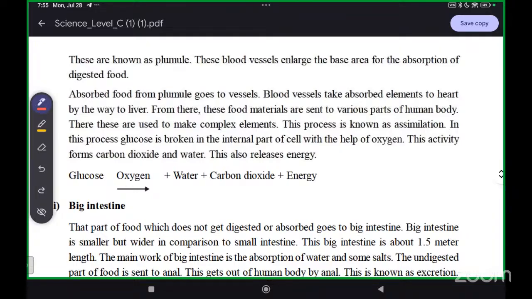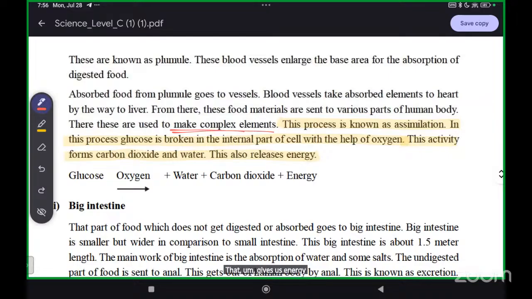In this process, glucose is broken down in the internal part of the cell with the help of oxygen. This activity forms carbon dioxide and water and also releases energy. In the assimilation process, in the internal part of the cell, the glucose is broken down with the help of oxygen, and that gives us energy.